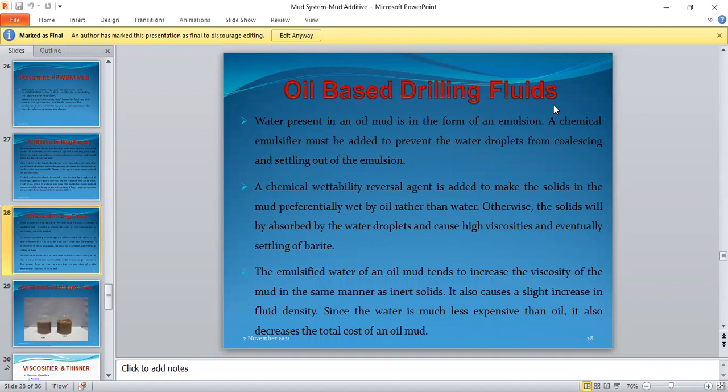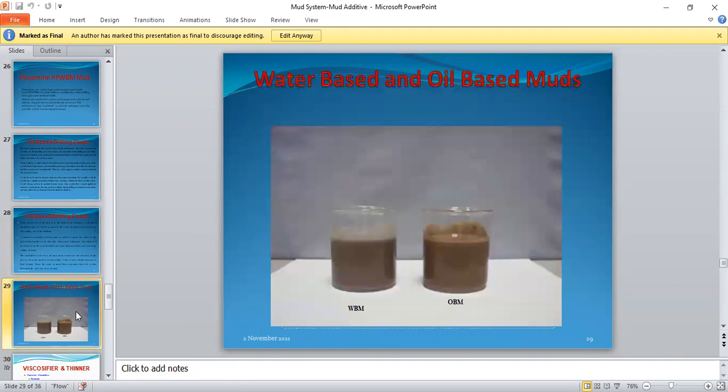In oil-based mud, if you put water, you are finished mixing it. Your mud is ready. If you add water to it, it will be as though you're adding solids to it. That's how it behaves. When you go to mud testing, under mud contamination, you will see what we are talking about.